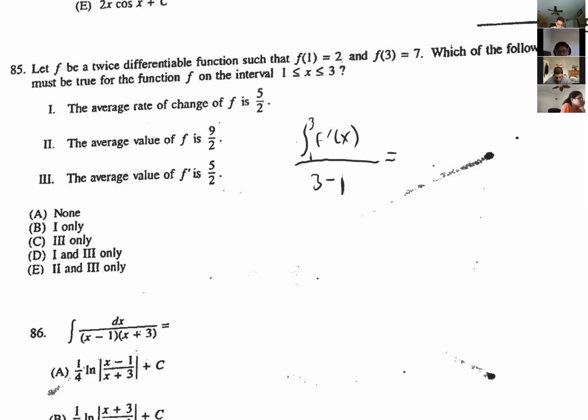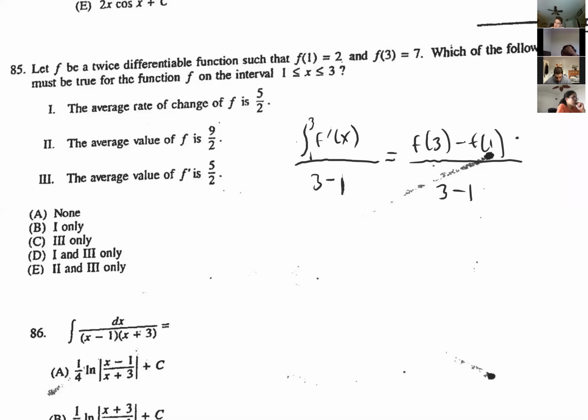This is going to equal, oh, I think it's going to work. Okay, so f of 3 minus f of 1 over 3 minus 1. And isn't that the same as the rate of change? Okay, so that was what I had originally had in mind, but I set it up incorrectly the first time.